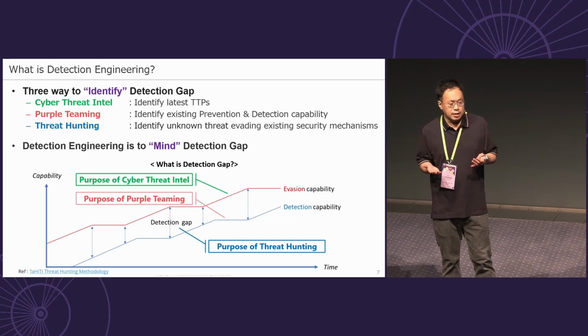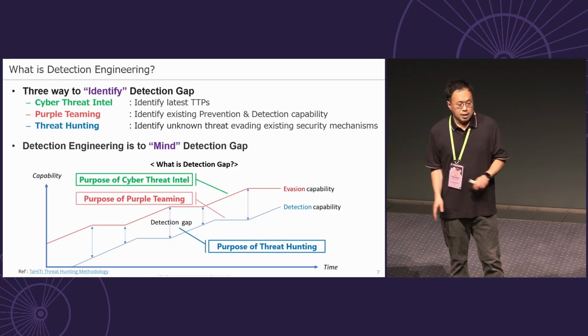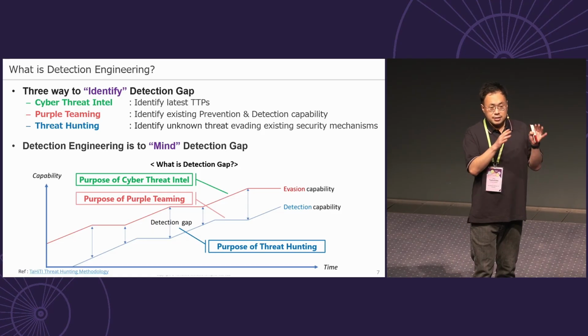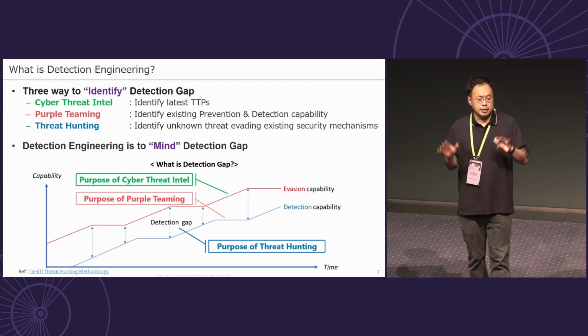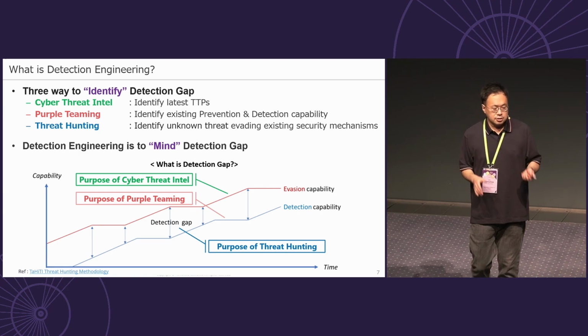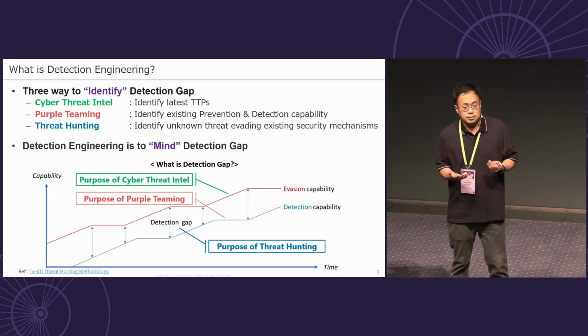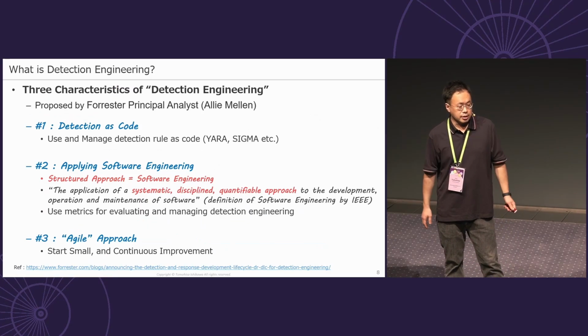Basically, in threat hunting, we try to understand what exact detection gap is there. Once we understand the detection gap, we start to mine the detection gap. This is detection engineering. This is how we can describe detection engineering.